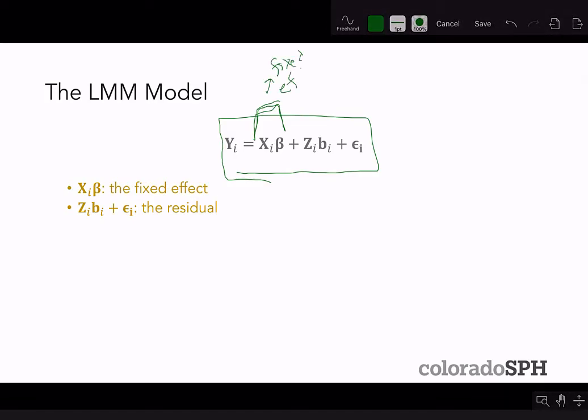It's sort of what you've been used to seeing with your linear predictor in models that we've covered in this course. And then this whole piece here are the model residuals, which are broken into the measurement error and the subject-specific effects.